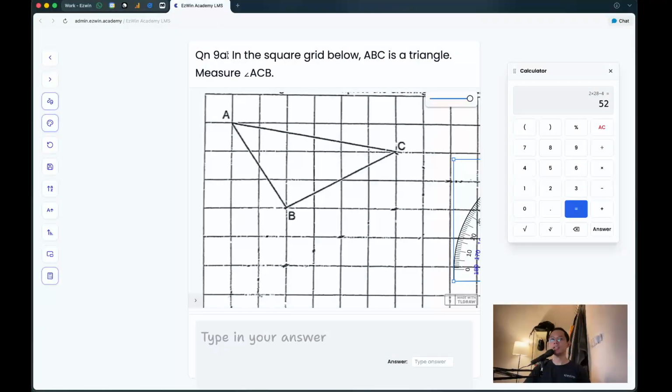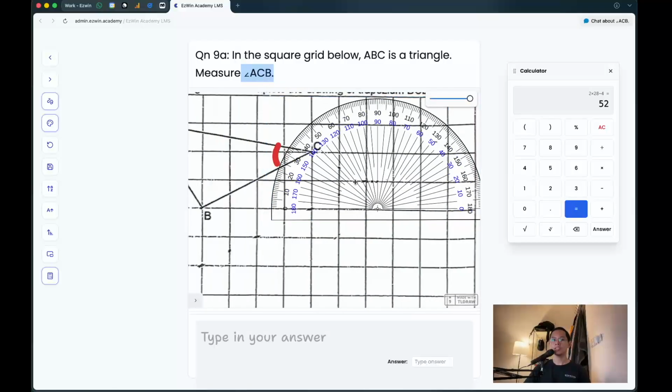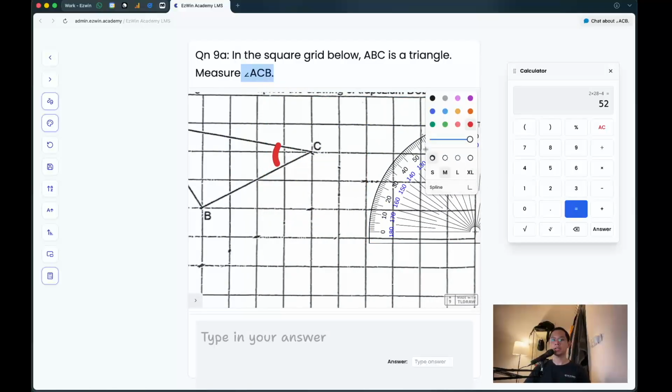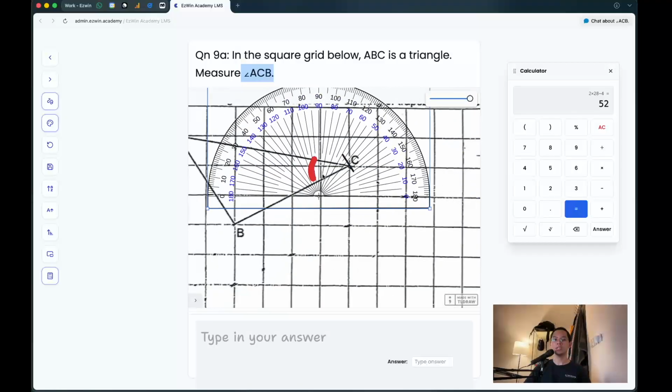Question 9a. In the square grid below, ABC is a triangle. Measure angle ACB. So ACB is this angle over here. So I have my handy dandy protractor. First thing is we want to extend a line to our angle, or a perpendicular line on the C over here, because ACB.